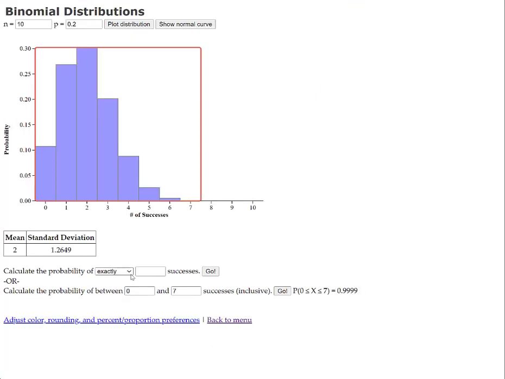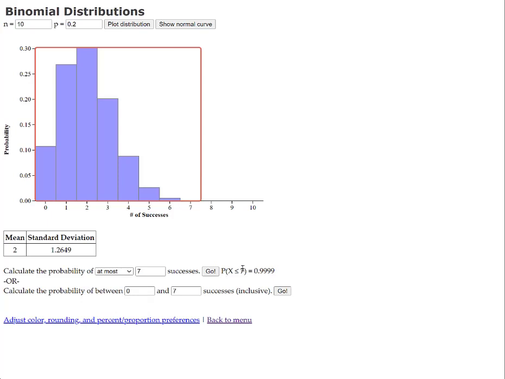7 or less. There are a couple ways I can do that. I can say less than 8, and notice the box doesn't change. If I said less than 7, the box is now leaving out the 7. So make sure that it makes sense. You can say at most 7, and that would count as well.